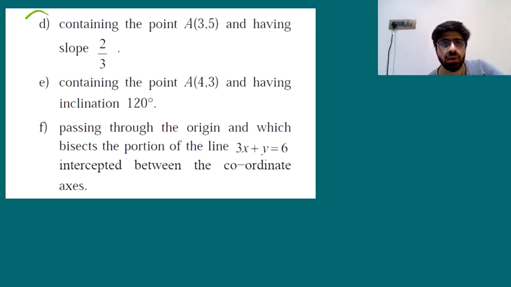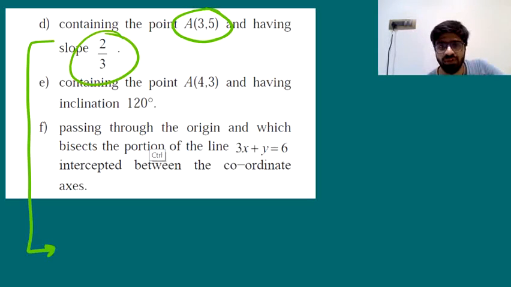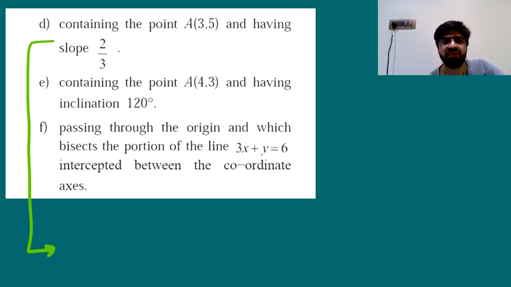Let's go ahead with the D part. In the D part, they are asking you the equation of line which contains the point and has a slope of this. So again, we know a point and we know the slope of the line. So we will use the slope point form for writing the equation. That will be y minus y1 equals m, that is the slope, into x minus x1, which is equal to 3. Okay, we can take the 3 on the left.